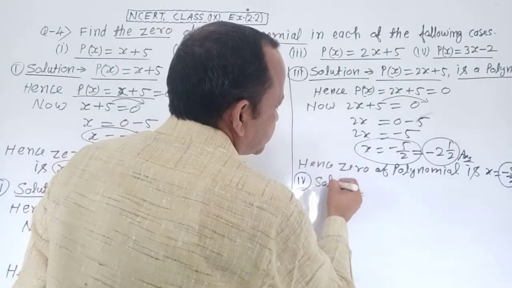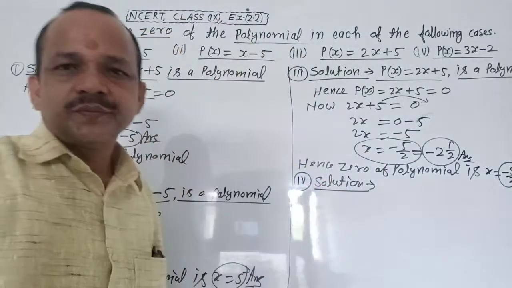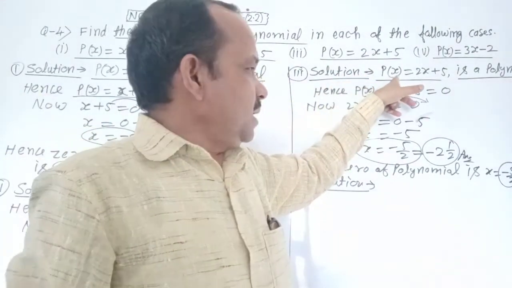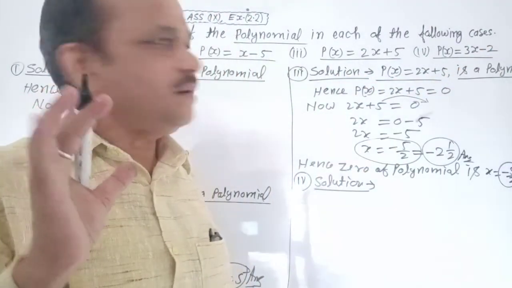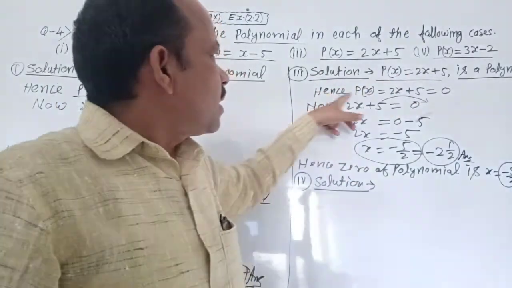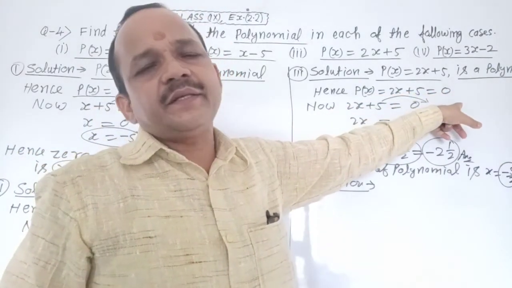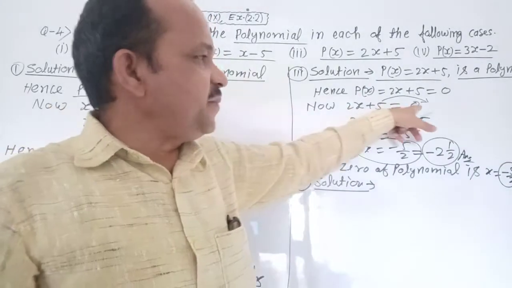Solution. Third is clear? Here p(x) equal to 2x plus 5 is a polynomial. It is clear? p(x) equal to 2x plus 5 equal to 0. Now 2x plus 5 equal to 0.